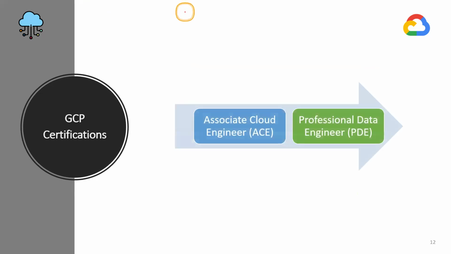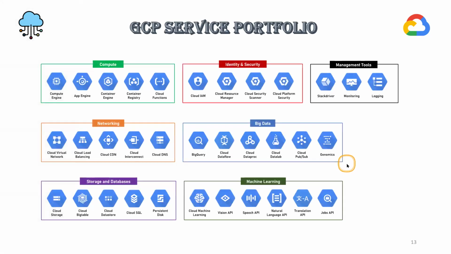If one wants to do the certifications, GCP Associate Cloud Engineer and Professional Data Engineer, we are going to see how I'm going to help you on that. GCP provides plenty of services such as compute services, security services, management services, networking services, big data services, storage and database services, and machine learning.